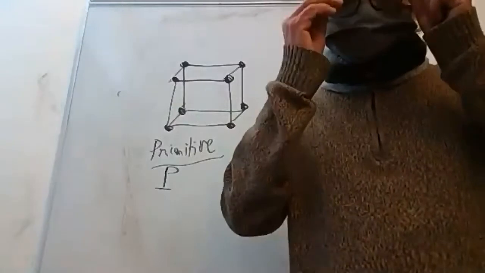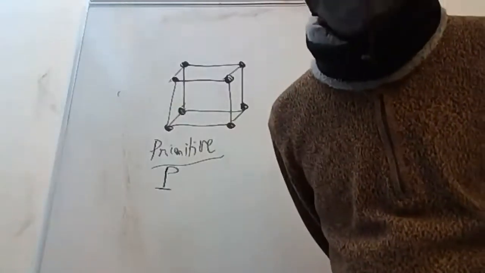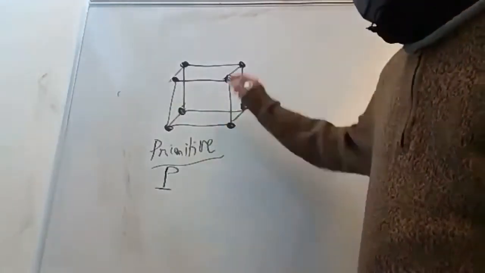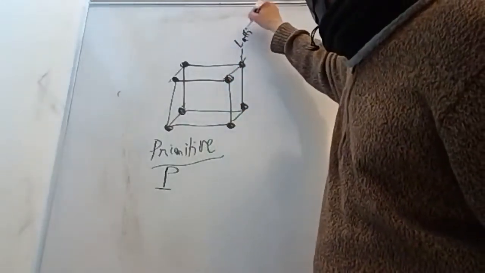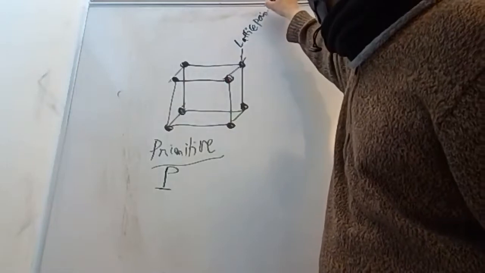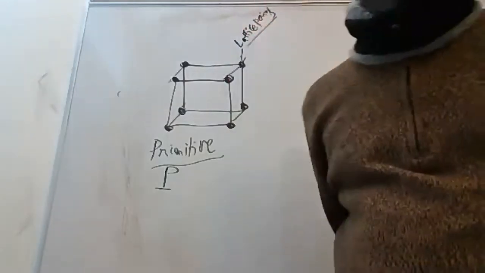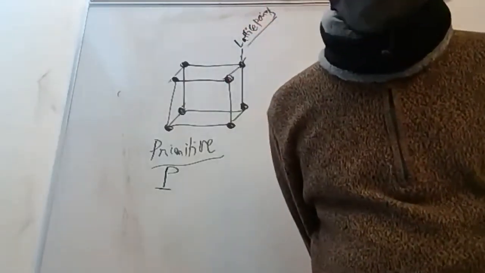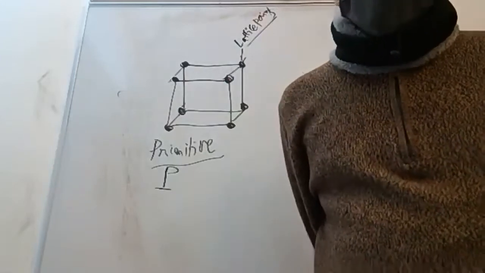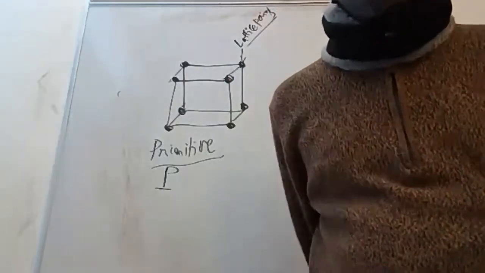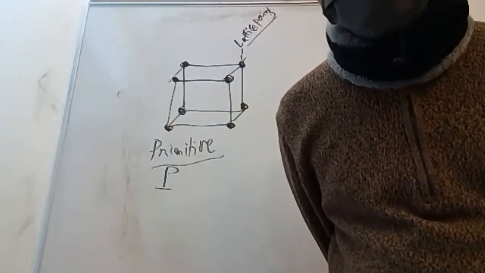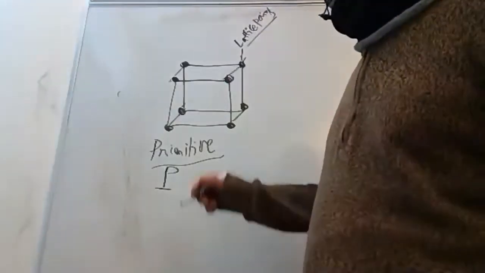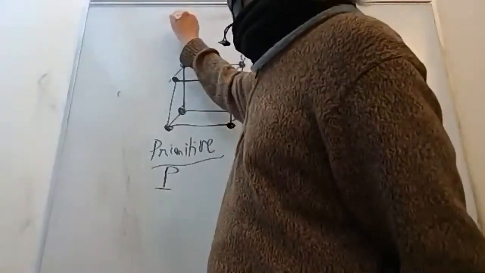Now I'm using a strange word here. We call these points here lattice points. Sometimes in a crystal structure, you may have atoms exactly at the lattice point. Or sometimes you may have a solid in which, let's say, I have a disulfide.